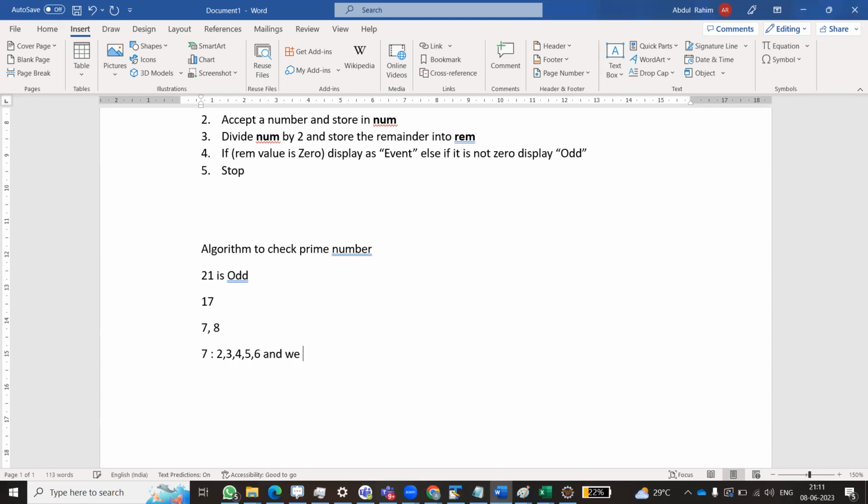And we will check if the remainder for any of these divisions is 0. If it is 0, in that case, it is not a prime number.